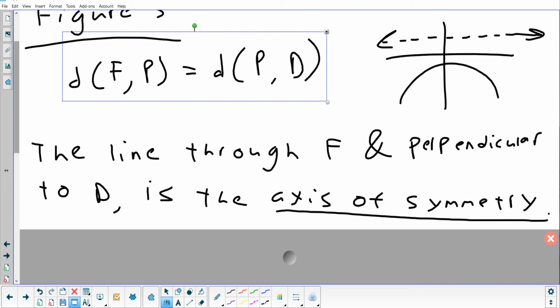If you draw a line through the focus, which might be right in there somewhere, and perpendicular to the directrix, you get a line of symmetry. That red line is called an axis of symmetry. For a parabola that opens up or down, the axis of symmetry is always vertical. If the parabola opens left or right, then the axis of symmetry is horizontal.